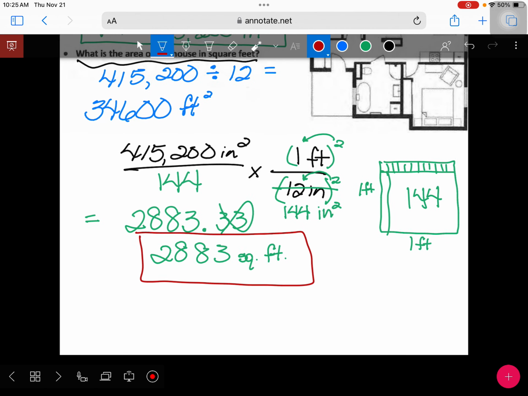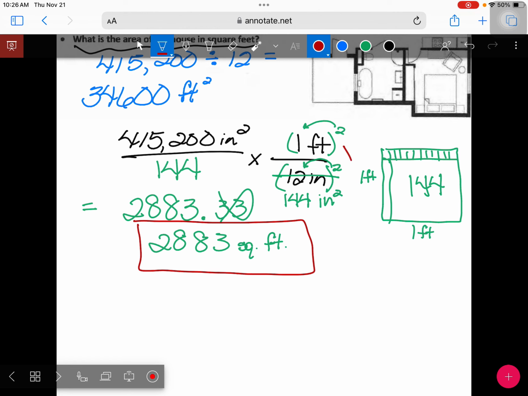I think this is a really good concept that you need to keep in mind for your future mathematics. If you're trying to talk about area and you're using conversions, 1 foot is 12 inches, you have to remember to square the 12 that's there also.